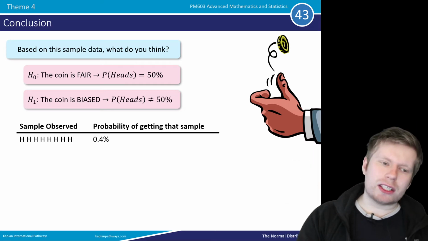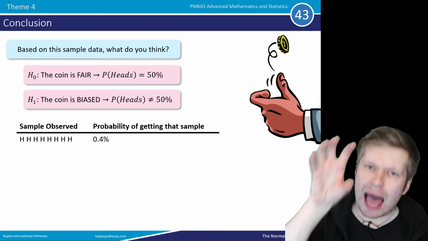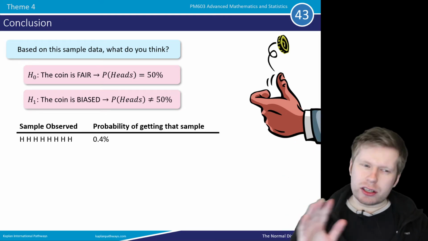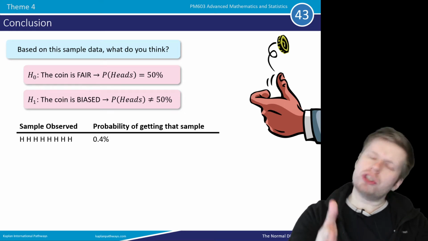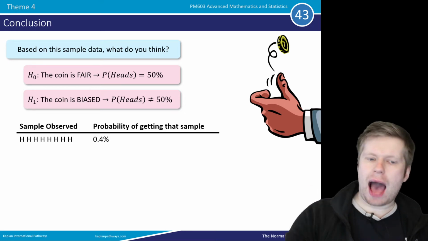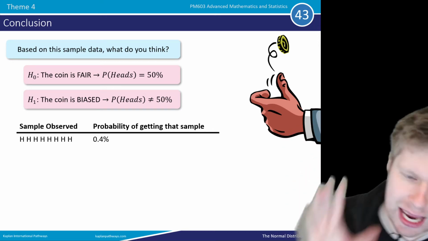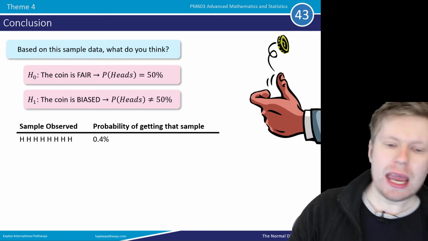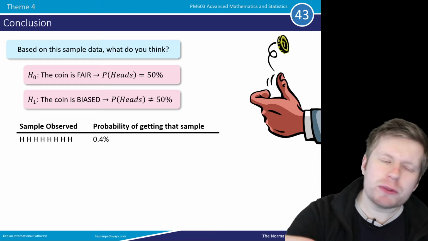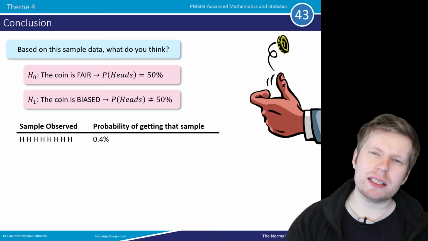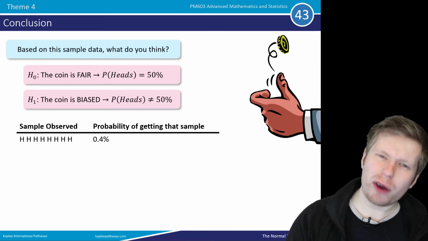And when I flip this coin 8 times, every single outcome in my sample, every single flip, resulted in a heads. And I asked the question, well, okay, what's the probability of that happening? What's the probability of getting 8 heads in a sample of 8 flips if that coin is fair? And it comes back as 0.4%. So I now am tasked with making a decision. Is this coin fair or isn't it?